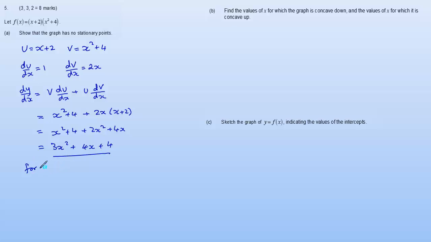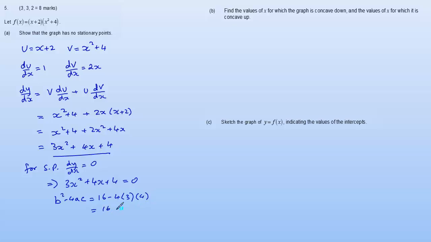Now, for stationary points, dy dx is equal to 0, which means that 3x squared plus 4x plus 4 is equal to 0. Now the thing is to show that this has no real solutions. You can either use your CAS to do that, or another way of doing it is to use the discriminant. b squared minus 4ac would be, so b is 4, so that's 16, take away 4 times a times c, c is 4 as well.